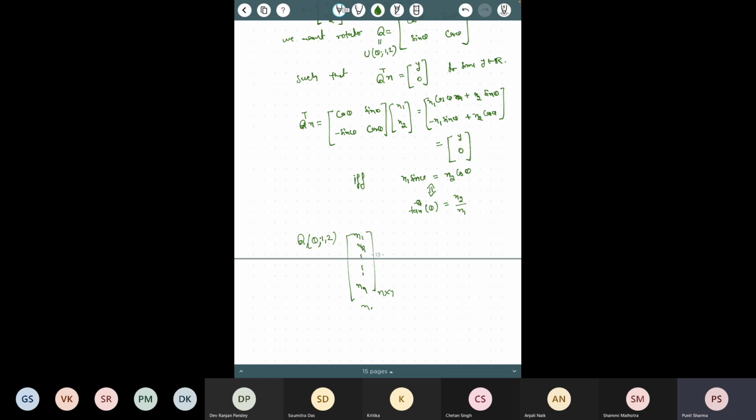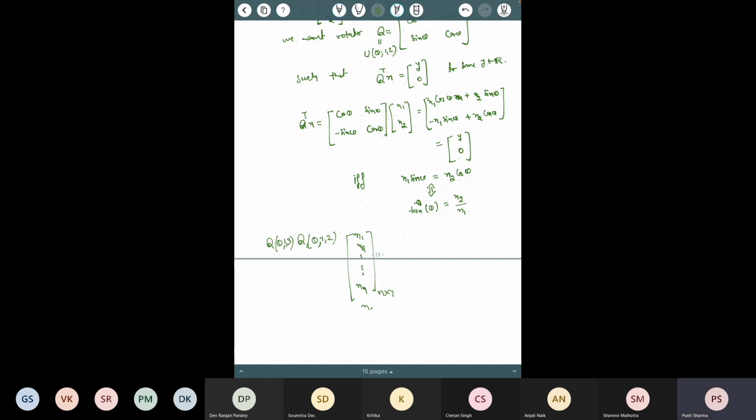Then you apply Q theta on 1, 3. As I mentioned, when you multiply this rotator from the left-hand side, it will only disturb the ith and jth rows.